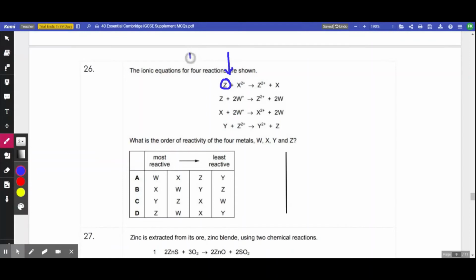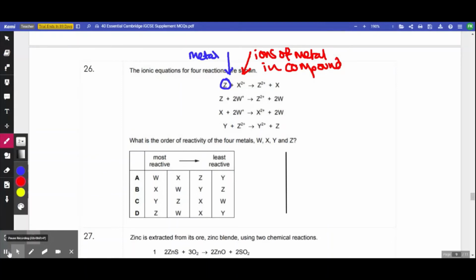What's quite useful is that the question is friendly enough to have the ions in there. So the metal ions will be in an actual compound. All you need to do is just have a look.